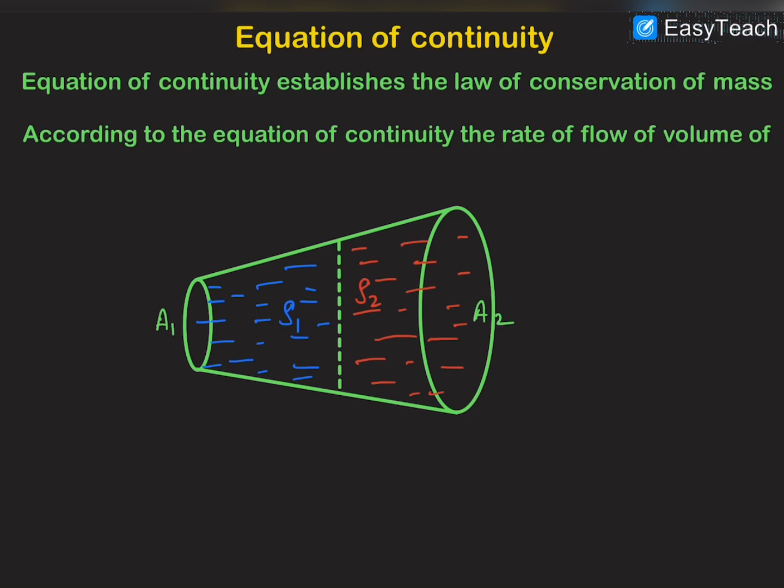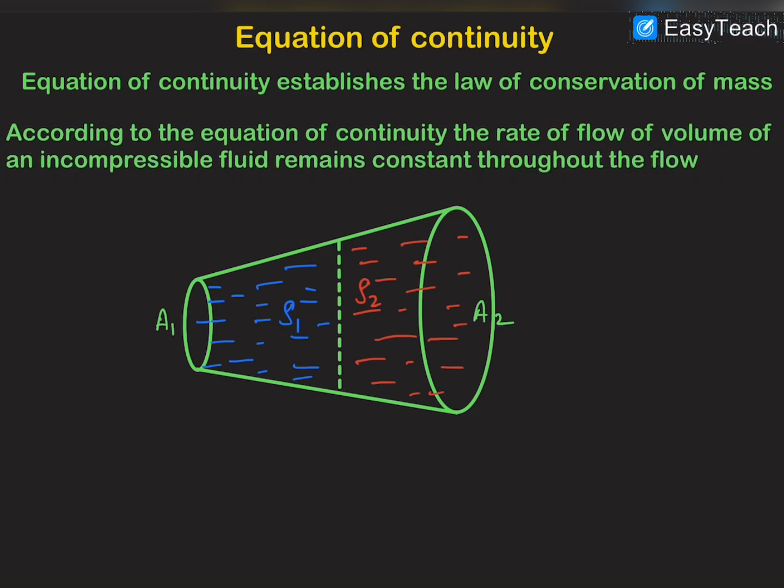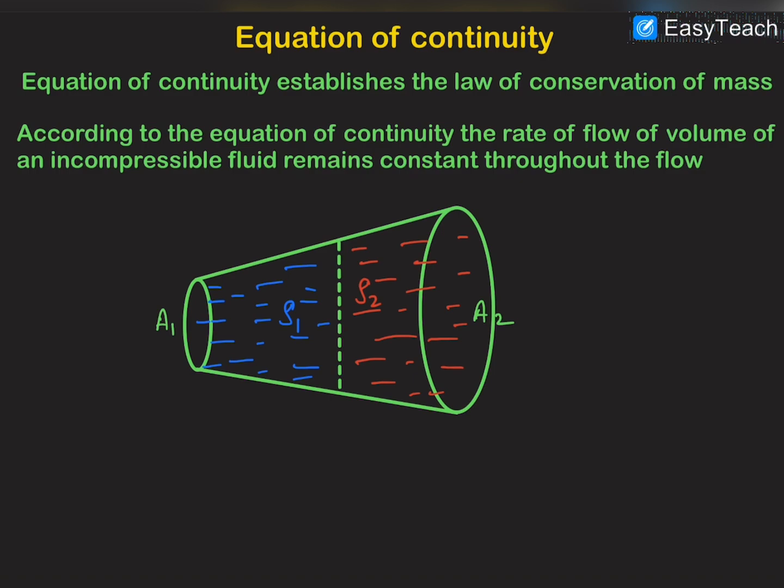Now there is a confusion among students about whether this equation is the law of conservation of mass or the law of conservation of volume. Obviously, the equation of continuity represents the law of conservation of volume only. And if in any case the liquids filled in the pipe have different densities, this is rho 1 and this is rho 2, then also we will say that Q in will be equal to Q out, provided that both liquids are ideal.